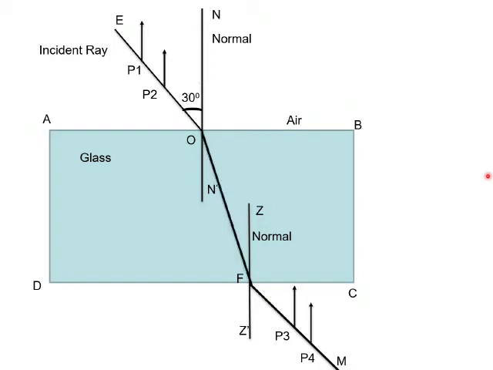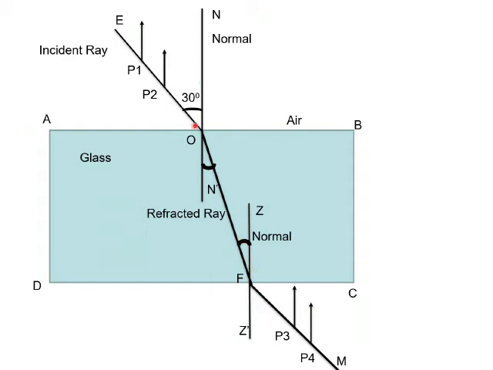After that, you have to join point O and F. So you will join point O, F. You get one angle here also, N dash O F. Then you get one more angle here, and you get another angle here.